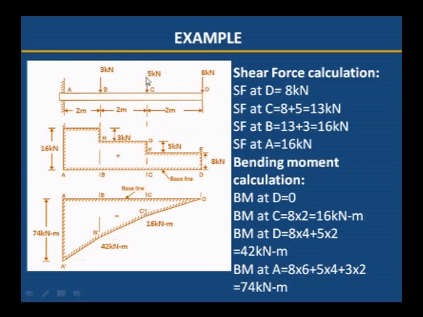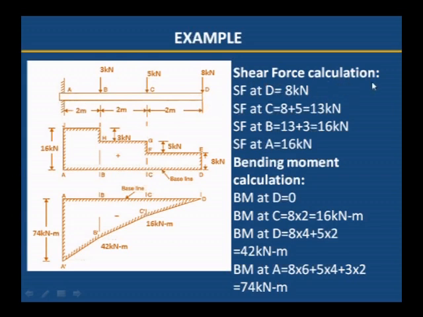So 3, 5 and 8 kilonewton, three point loads are acting. Let us mark the points as A, B, C, D, the salient points. Wherever the point loads are acting, at those points we have to calculate the bending moment and shear force, as well as at the free end and fixed end.